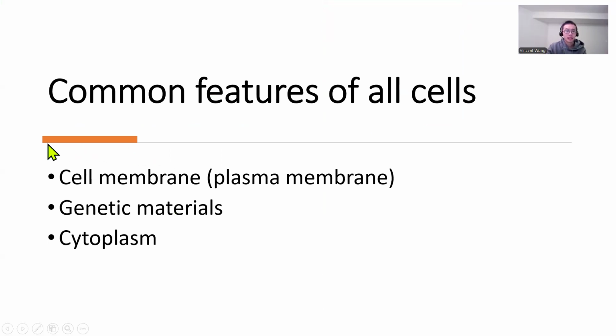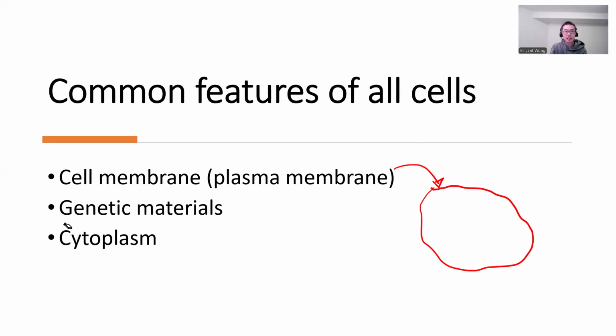The cells all have a cell membrane. A cell membrane is basically the boundary of a cell, if you would. It separates the non-living environment from the living environment inside. That's a cell membrane, which is also known as the plasma membrane. If you remember from last class, the major component of the cell membrane is phospholipids. More on that later.